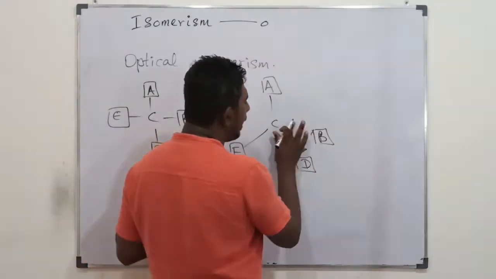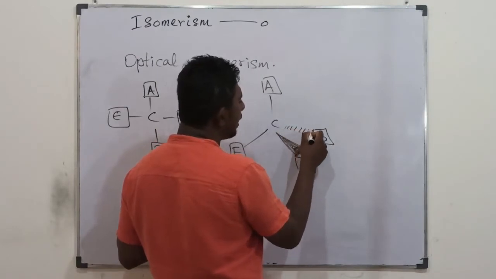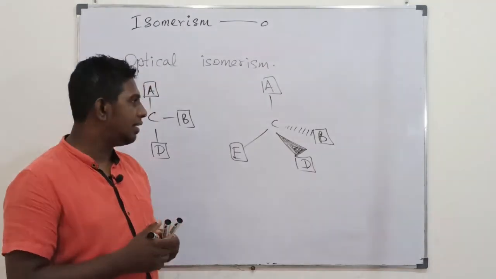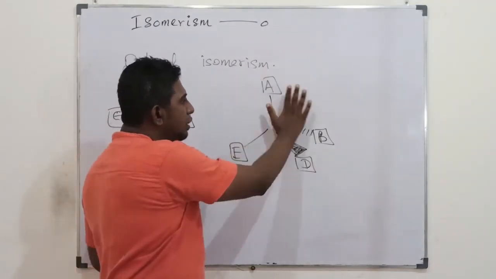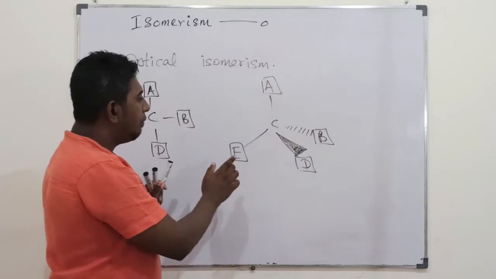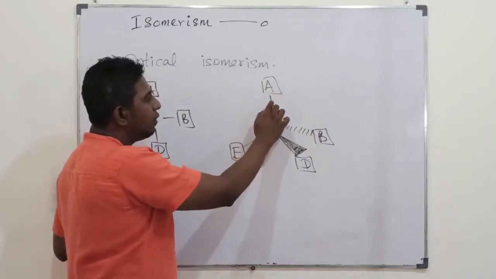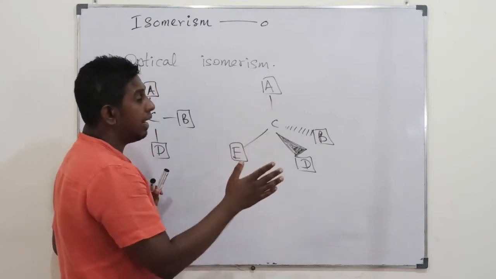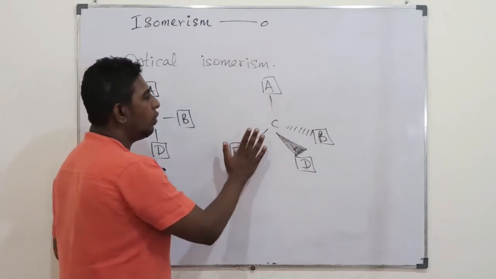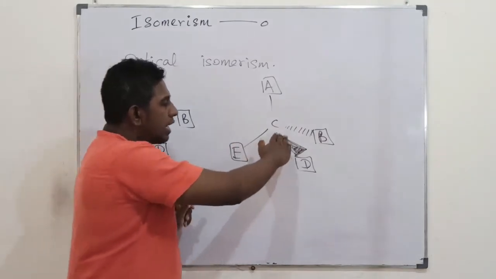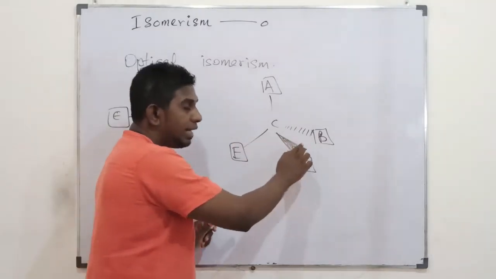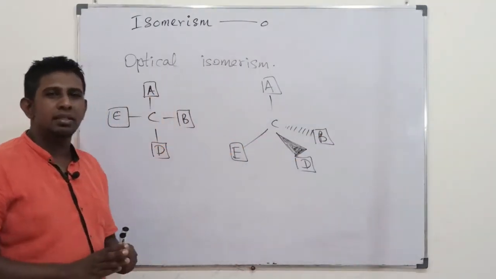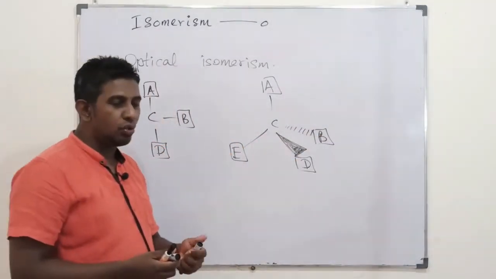When I indicate this with a dotted line, it indicates that, if this is the plane of the board, while when E and A groups are given with straight lines, those are going on the board. So this is coming out of the board, and this type are going inside the board.